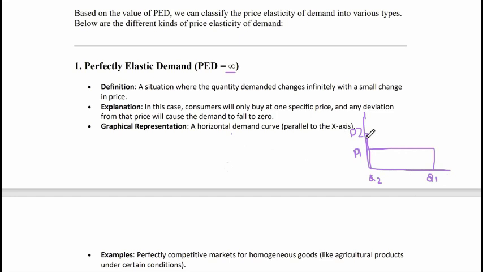There is no second curve for P2, although I have shown one line just to make you understand that it falls to 0. Or we can even show it like this, just P1 and P2, and we write Q2 here because the quantity demanded has fallen to 0. We write price on the vertical y-axis and quantity demanded on the horizontal x-axis.